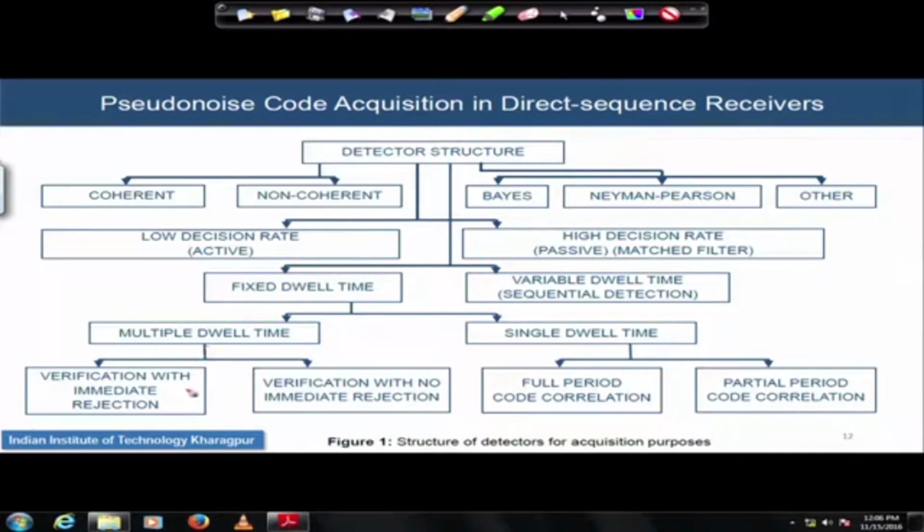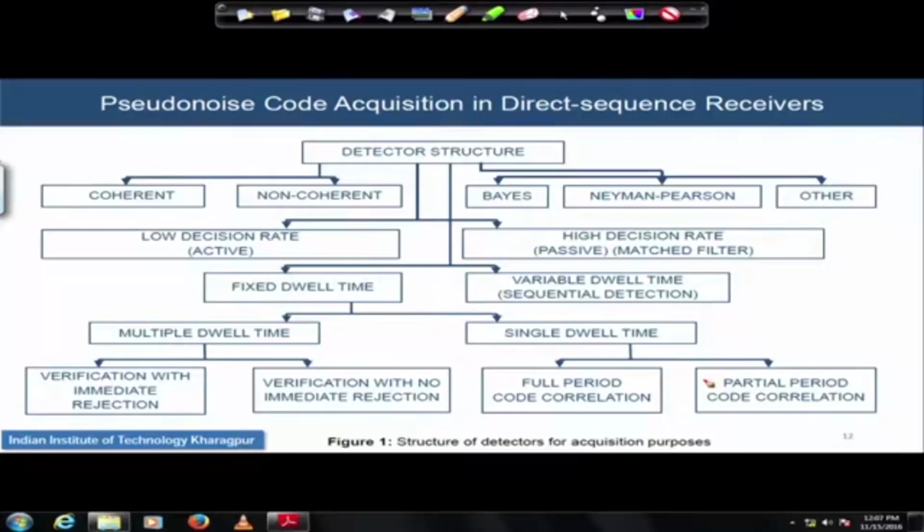Further classifications exist over the multiple as well as the single dwell time, because in the single dwell time we have the classification based on whether we are using the full period of the code for correlation, or partially using it. And multiple dwell times are involved with verification with immediate rejection, or verification with no immediate rejection.